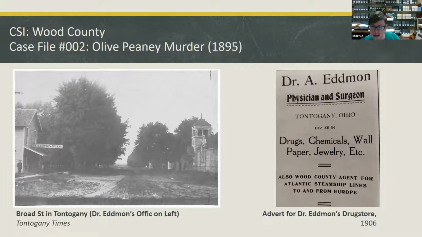So they continue their investigation for the weeks after this. They discovered that Dr. Edmund and his wife knew Olive and Peter, her husband, Peaney, for about 15 years. And Dr. Edmund was her physician for many years, and he had been treating her for heart problems.